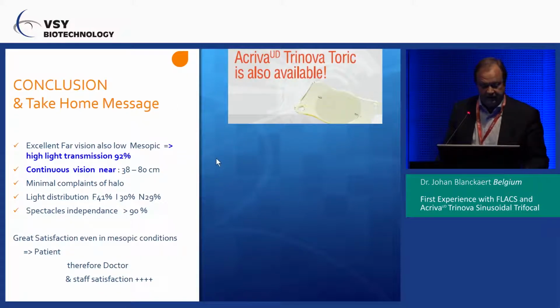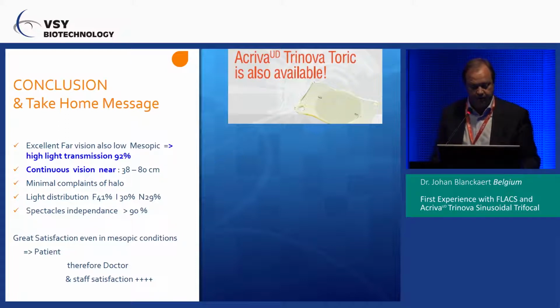So my conclusion is excellent far vision and also low mesopic far vision, which is in relation with the high light transmission. You have continuous vision near from 38 to 80 centimeters, minimal complaints of halo, and spectacle independence, which is very high, more than 90%.